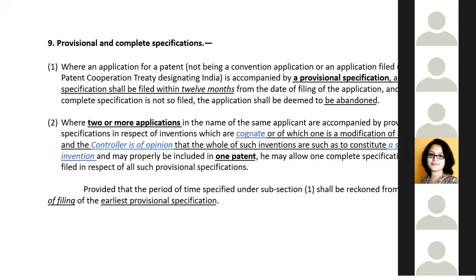And if the complete specification is not so filed, the patent application shall be deemed to be abandoned. अगर आप 12 months में ये एप्लीकेशन फाइल नहीं करते हैं प्रोविजनल के बाद कंप्लीट, तो आपकी एप्लीकेशन अबेंडेंट हो जाएगी. अभी इसमें एक कैच है कि आप एप्लीकेशन को 6 months तक एक्सटेंड कर सकते हो, प्रोवाइडेड दैट योर प्रायोरिटी डेट विल बी शिफ्टेड, राइट.